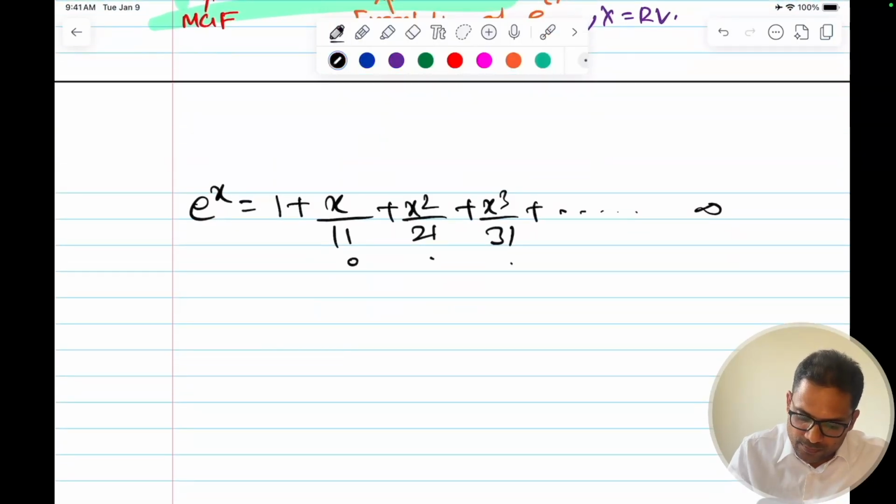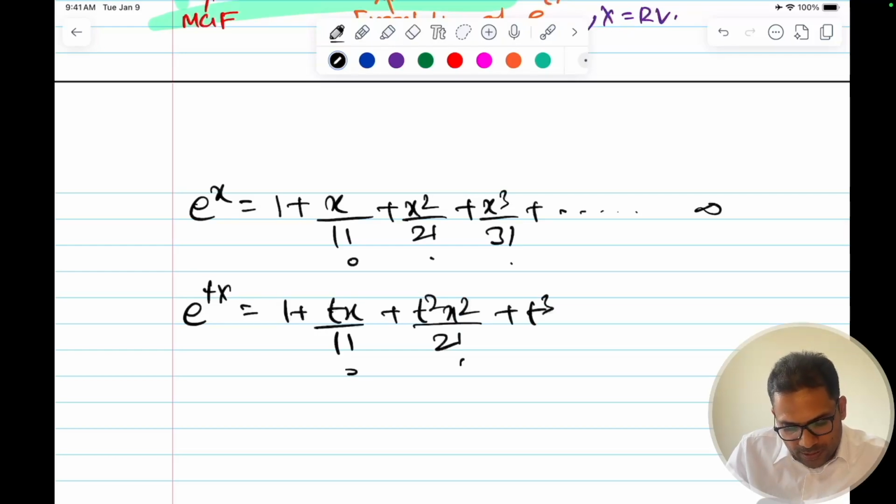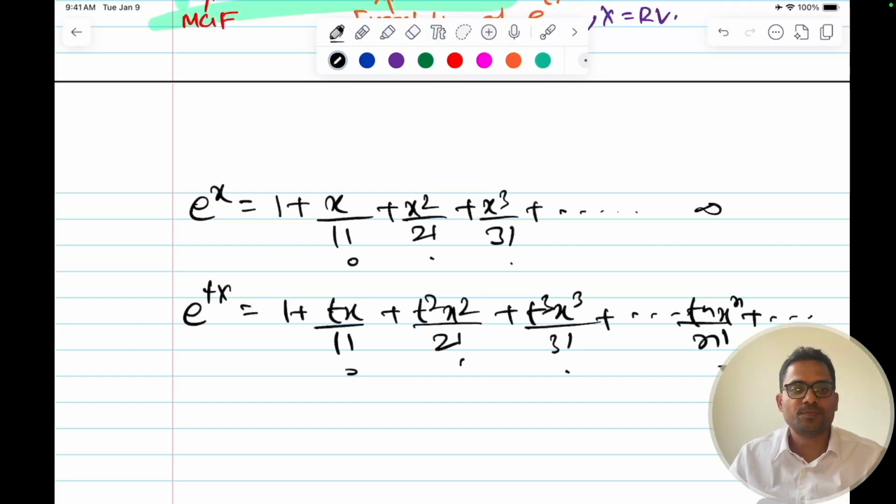So e to the power tx is equal to 1 plus tx by 1 factorial plus t square x square by 2 factorial plus t cube x cube by 3 factorial, and so on, plus t to the n x to the n by n factorial, and it continues.